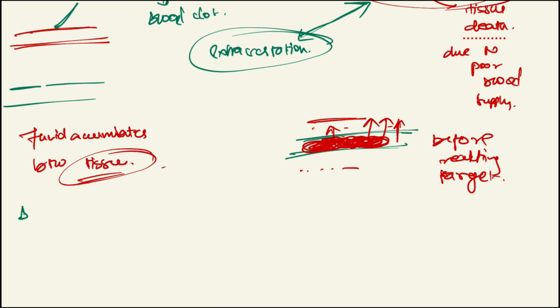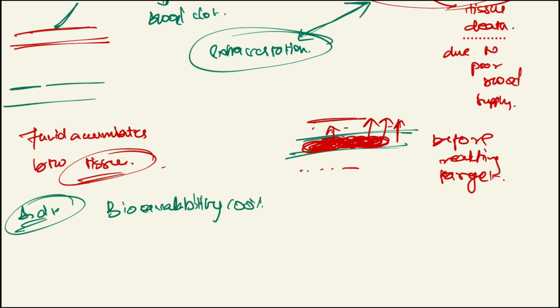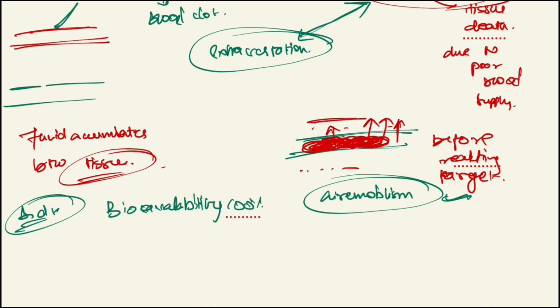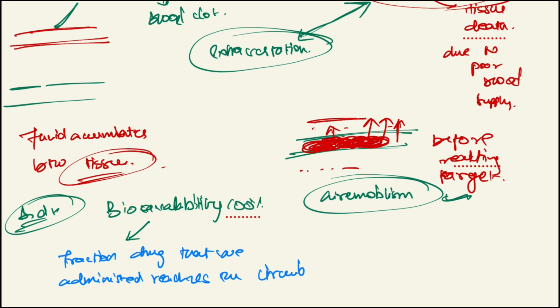The advantage in IV is that bioavailability is 100%. In no other route is the bioavailability 100%. And there is a chance of occurrence of air embolism. What is bioavailability? It is the fraction of the drug that we administered. Suppose we administer 100% drug and only 70% enters the systemic circulation in active form; in other routes some may not get absorbed.